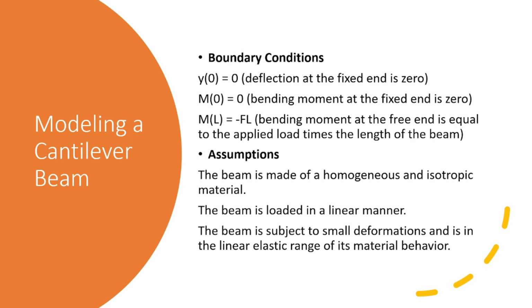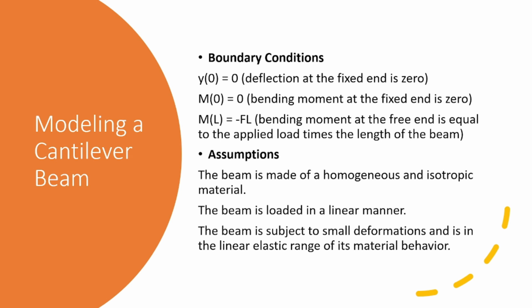Now there are some assumptions that we take to make the model simpler and more tractable. We typically make some assumptions about the beam's behavior. Some common assumptions made in cantilever beam modeling include: the beam is made of a homogeneous and isotropic material. The beam is loaded in a linear manner.